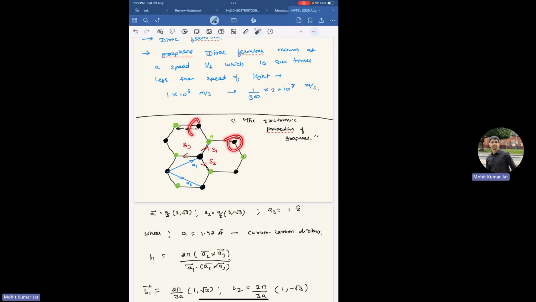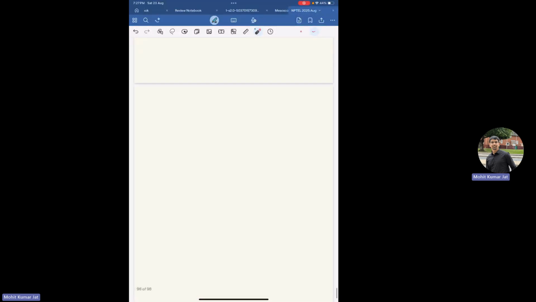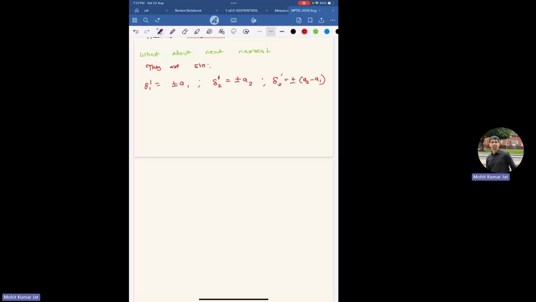So there will be different hopping parameters for the nearest and the next nearest. So the Hamiltonian you can write. So we have to write the Hamiltonian, right?